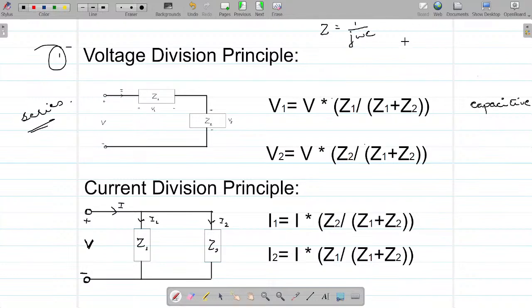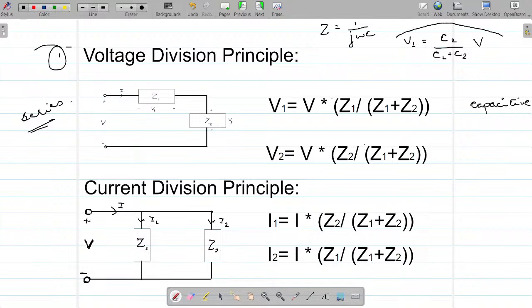So if you're asked voltage division in terms of capacitors or capacitances, we shall write V1 equals C2 upon C1 plus C2, right?